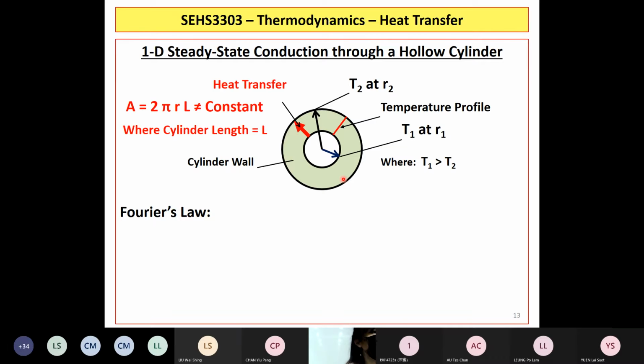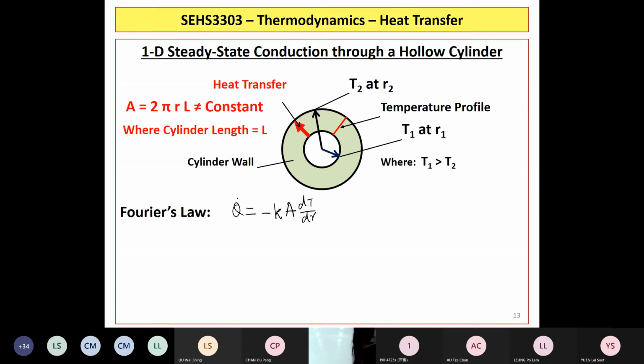Due to this temperature differential, we definitely have conduction through this pipe wall, right? So according to Fourier's law, what we have is Q dot, the conduction heat transfer, equals to, this is Fourier's law, right?